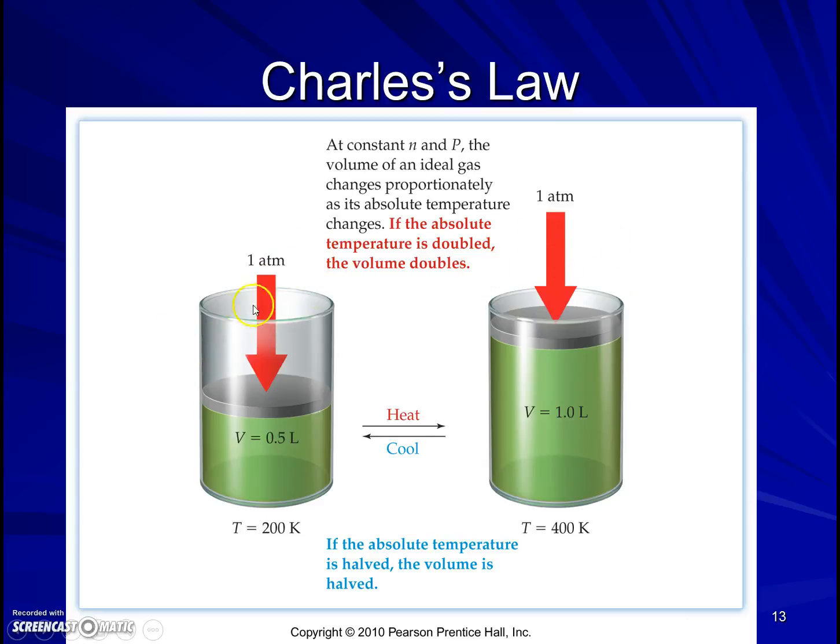So if we keep pressure the same and we keep the molecules inside the same, but we go from having a half a liter with this very easy to move disk at 200 Kelvin, which is very cold, that's below 0 Celsius and below 0 Fahrenheit, and we heat it up to 400 Kelvin, which is actually very hot. That's hotter than the boiling point of water. That doubles the temperature in Kelvin, so the volume would double. And volume over temperature, you can try that out on your calculator. Volume over temperature, you're going to get exactly the same number in both cases.